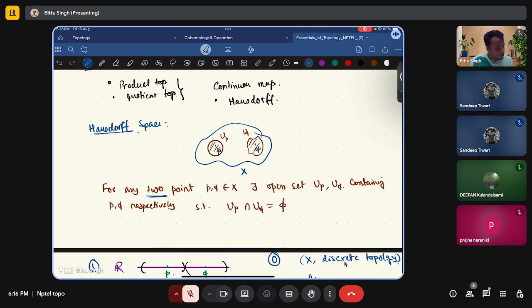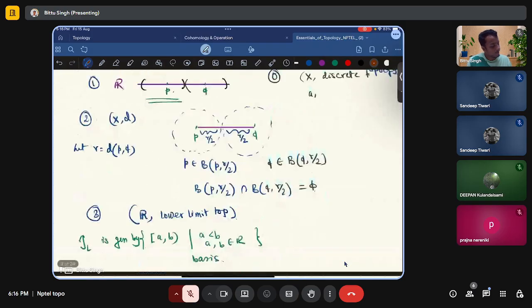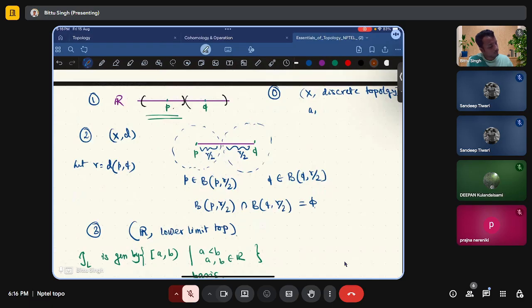If we choose P and Q the same, then it is not possible to separate them by non-overlapping open sets. So let A, B be two points in X such that they are different.